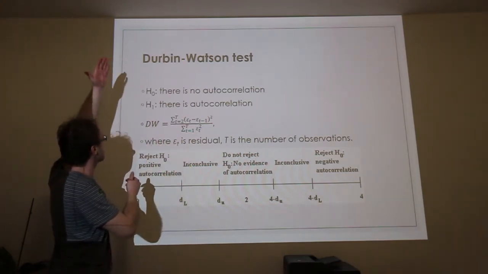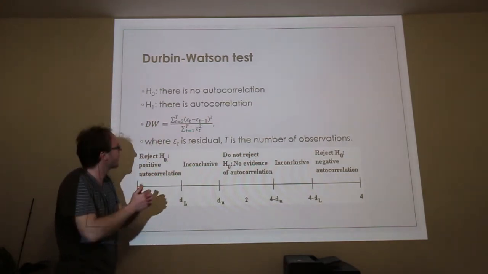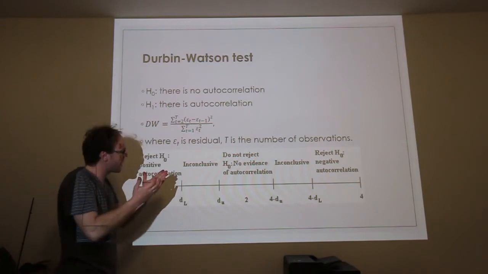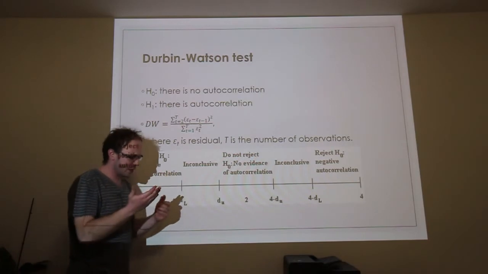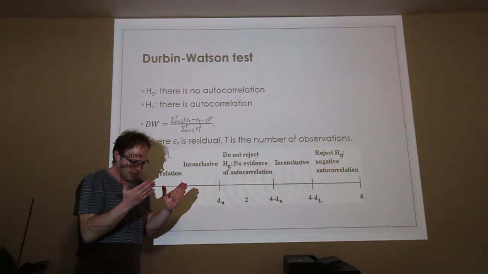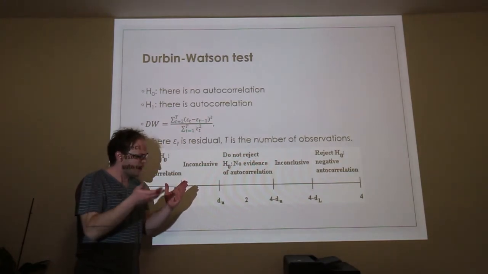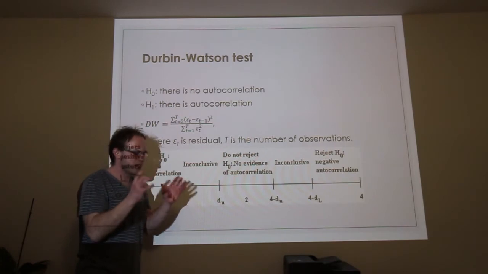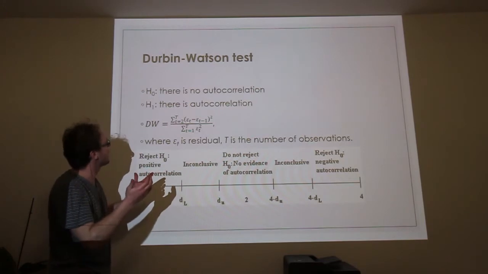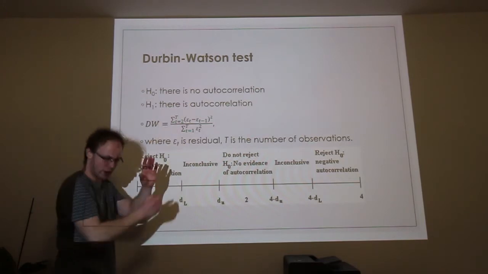So, Durbin-Watson test. It's necessary to note that all these tests have very often the same type of zero hypothesis: there is no autocorrelation.